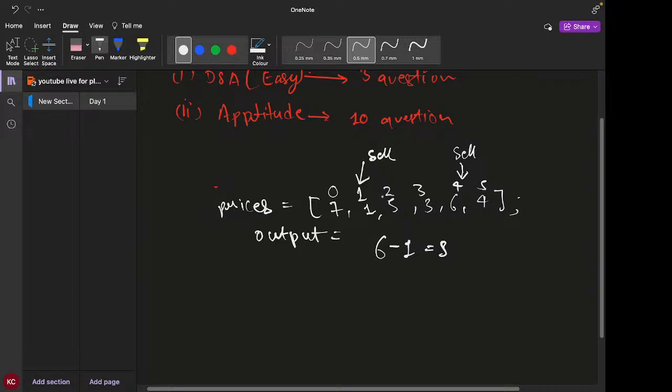Because if I sell on any other day, let's say the third day, it would be 3 minus 1, that is 2. If I sell on the second day, 5 minus 1, that is 4.